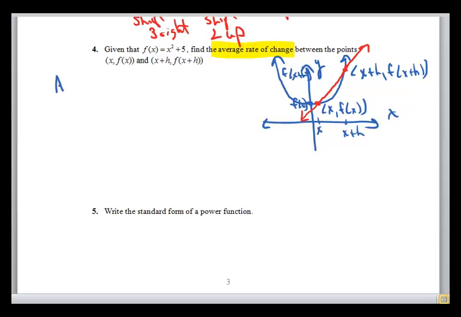So the average rate of change, which is the slope of that line, is just f of x plus h minus f of x over x plus h minus x. And again, that's nothing other than y2 minus y1 over x2 minus x1, right? y2 is f of x plus h. This is your y2.